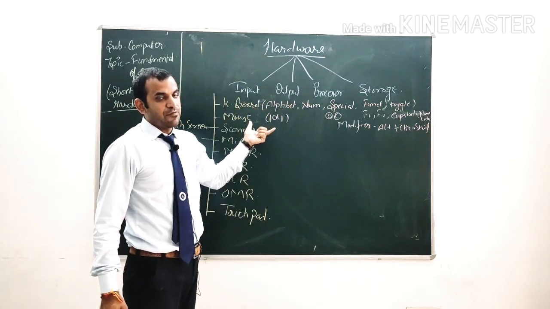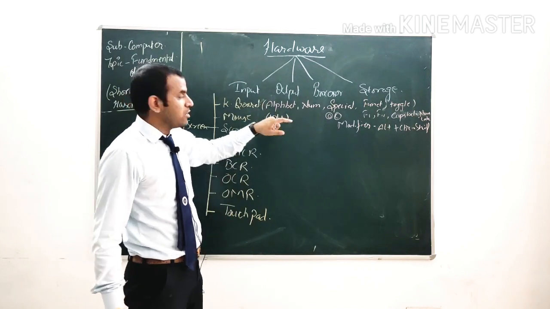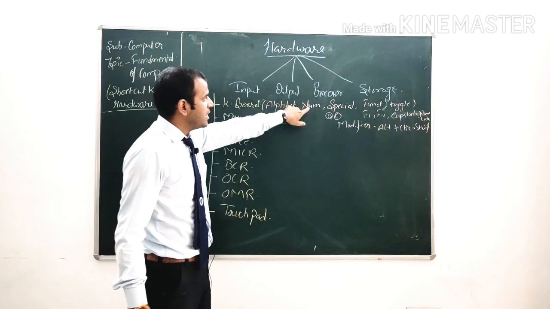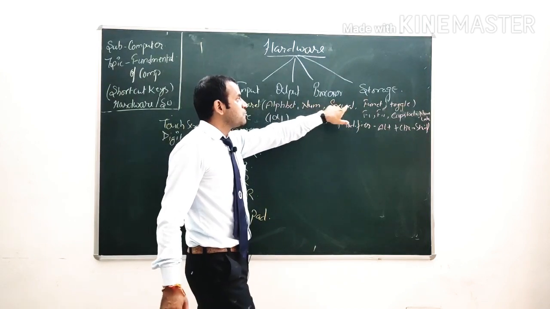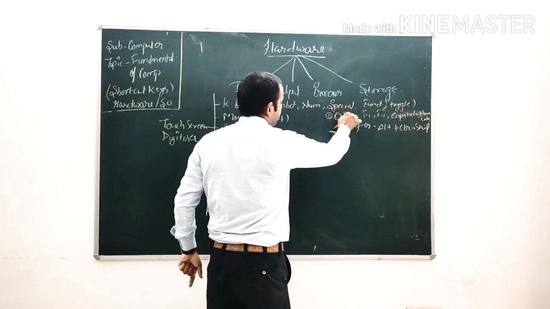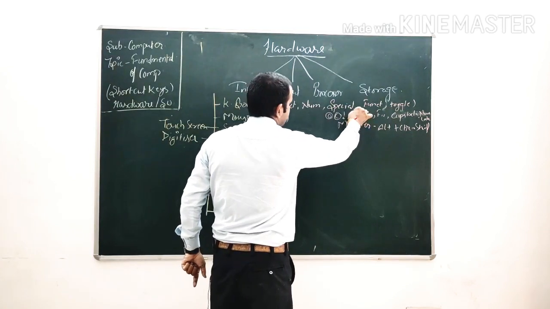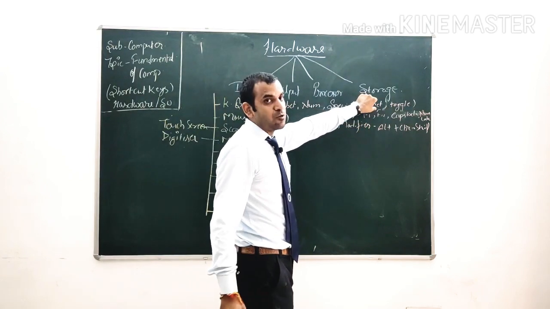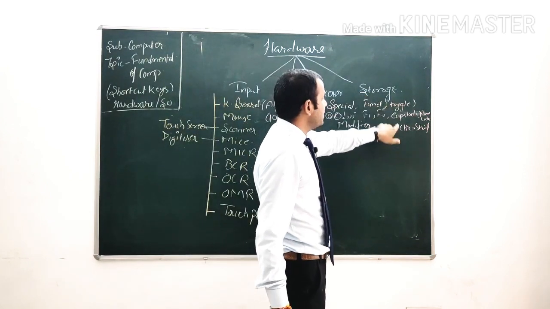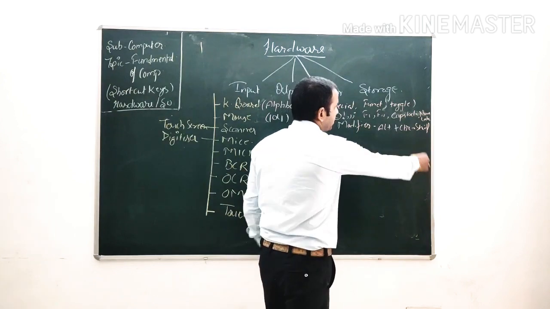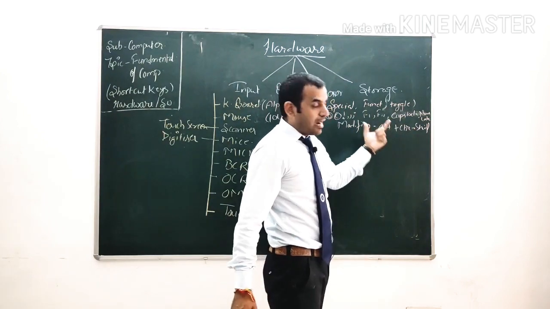Basically, if we are talking about the standard keyboard keys, so 104: alphabetical keys you know A to Z, numeric keys 0 to 9, special keys @, colon, semicolon, these are the special keys. Function keys F1 to F12, toggle keys caps lock and num lock, modifier keys Alt, Shift and Control.